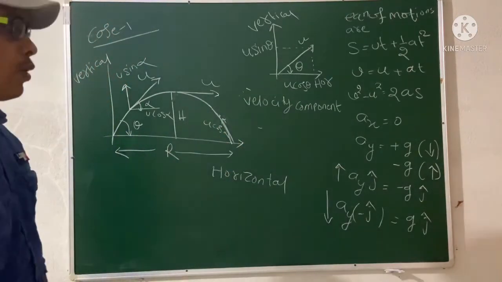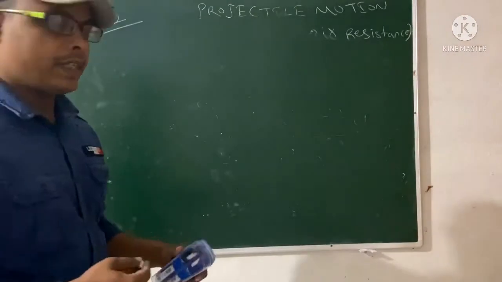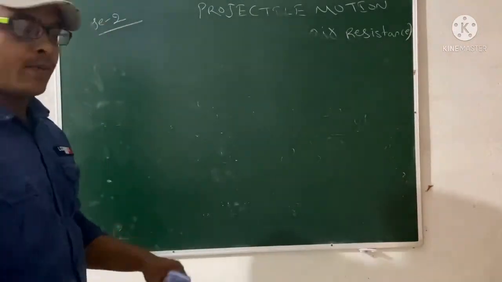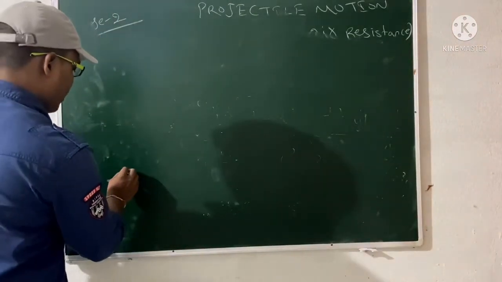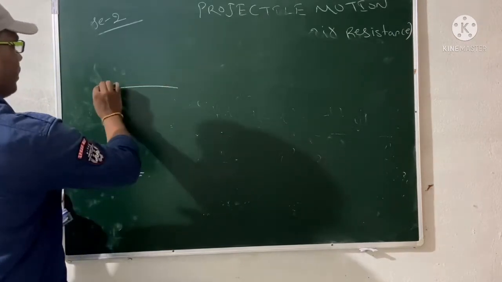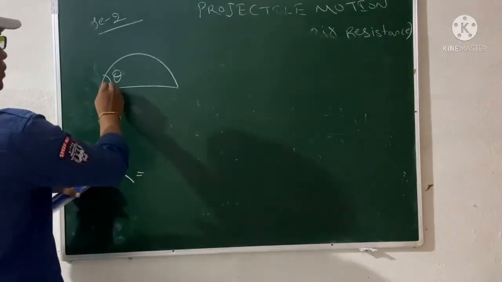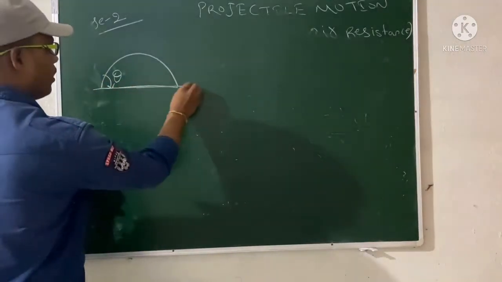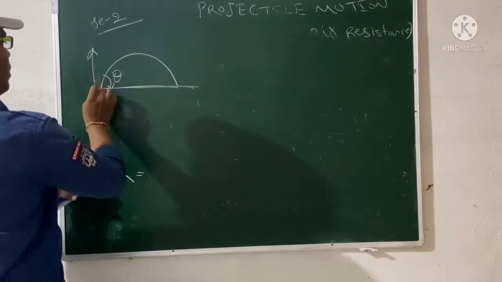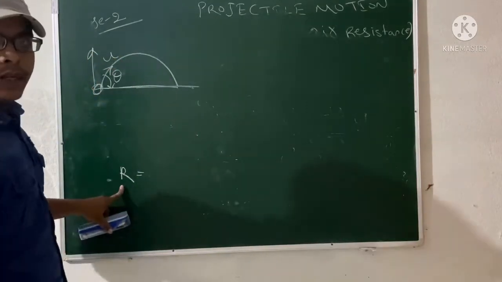Then we started to find the horizontal distance at a particular point. In the previous class, in the first case of projectile motion, this is the angle theta made with the horizontal, this is your horizontal axis, this is the vertical axis, and the object is fired with velocity u. Then what range did we get?